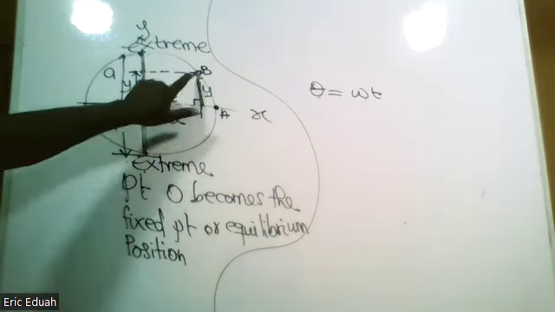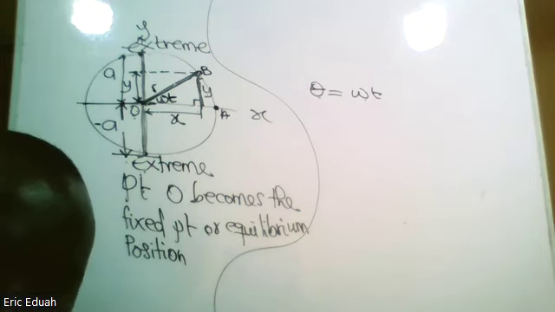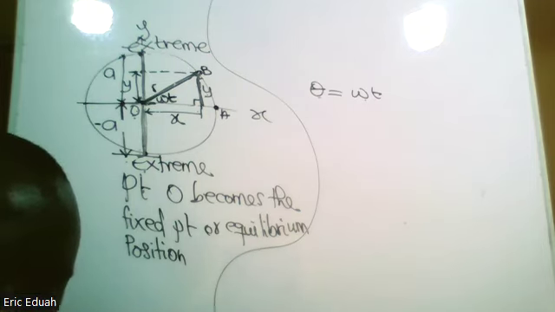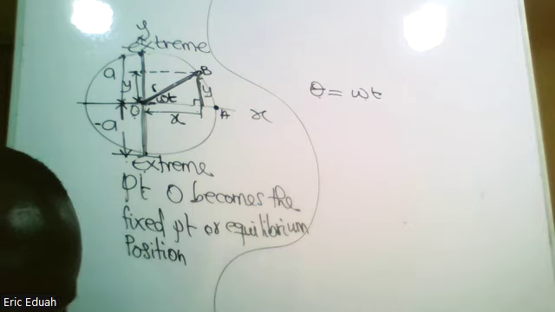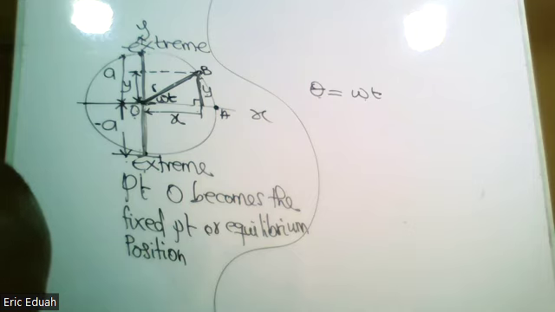Because the body is doing circular motion, we say let the distance from the center to the circumference be called radius. Because the body is moving up and down around O, we say let the distance from the center to any of the extremes be called amplitude. So it's the same thing, but we are giving them different names for what they are doing.